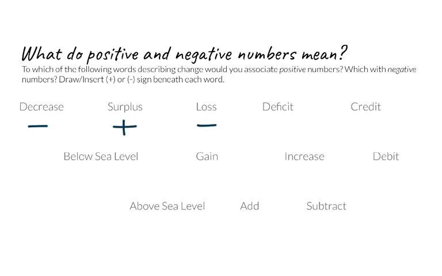Loss, negative. Deficit, meaning shortage, is negative. Credit, positive. Debit, they're also used at the same time, is negative. Increase, positive. Gain, below sea level, above sea level. Add, and subtract.